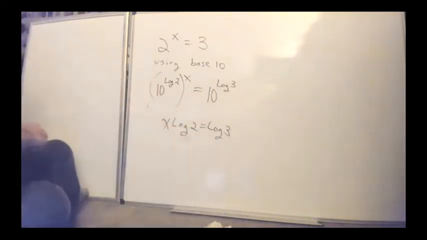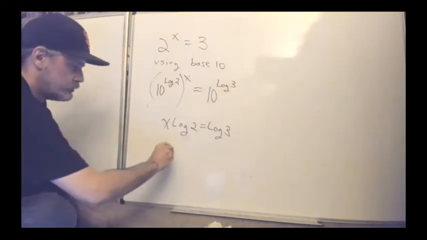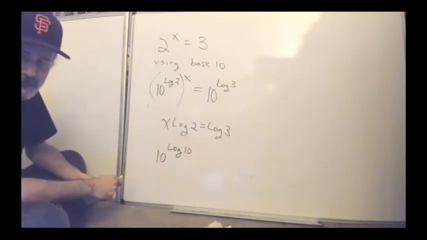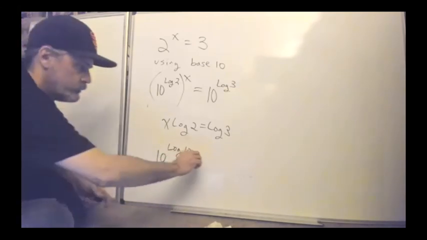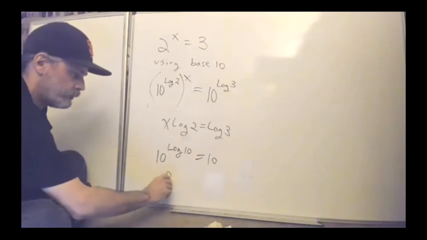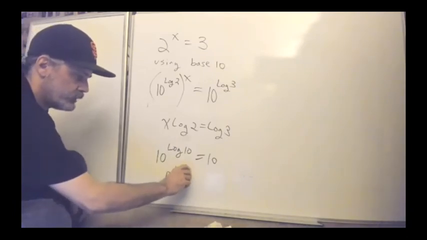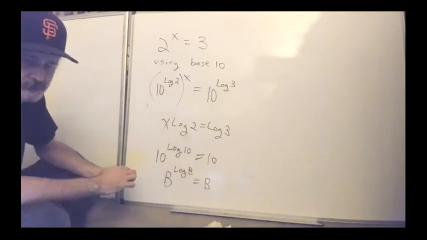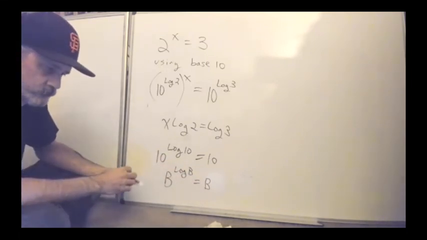Okay, well, what if you had 10 to the log 10? Well, that equals 10. Okay, so another property that's very useful: if you apply the log of the base to the base, that equals the base. So that is very useful.